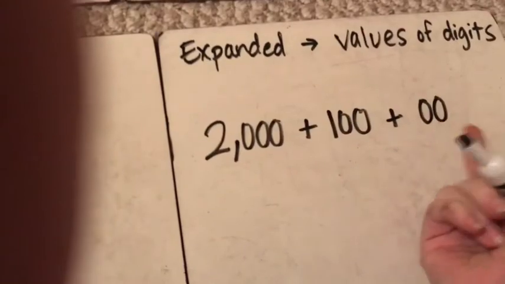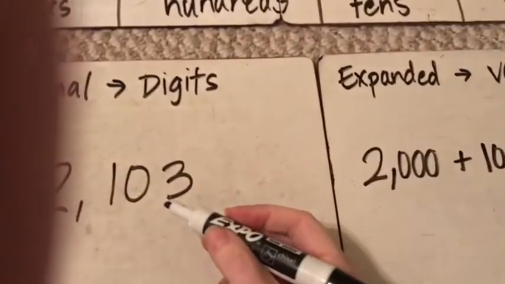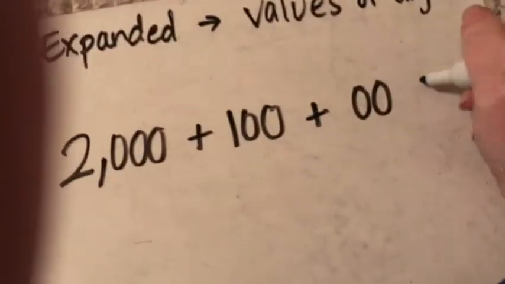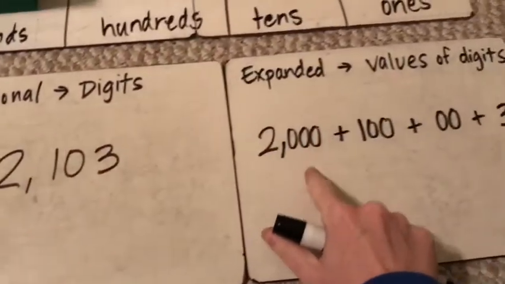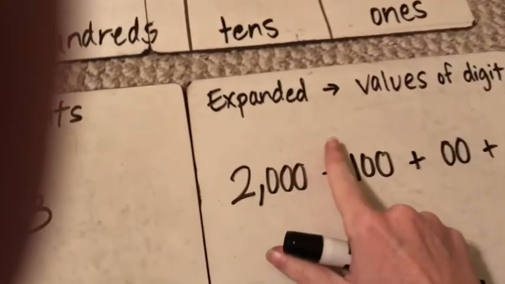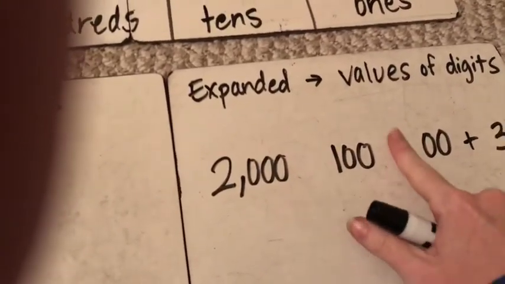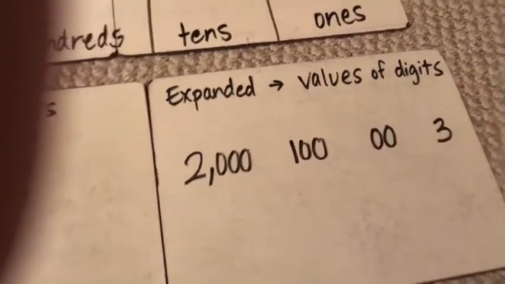I just put 2 zeros because tens usually has 2 digits. And then 3 ones would have a value of 3. So 2,103 is the same as 2,103. Since I'm subtracting, I actually don't keep those addition signs in there for the expanded form.